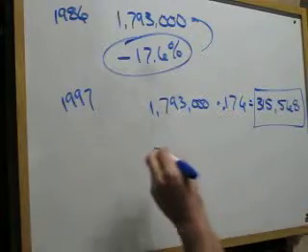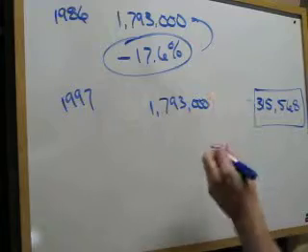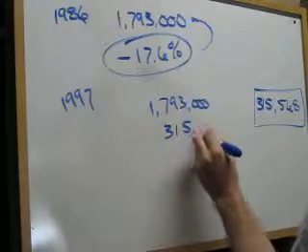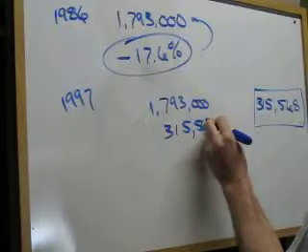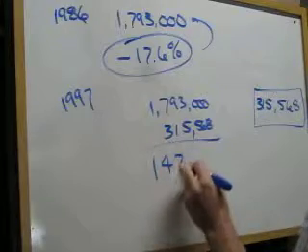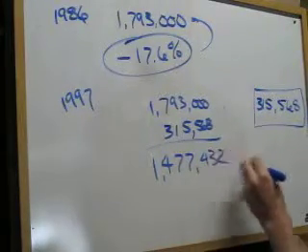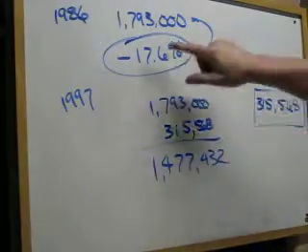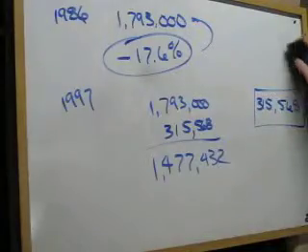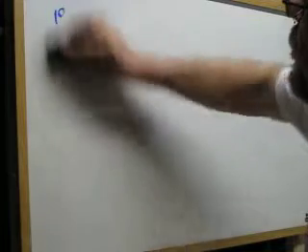So now what I have to do is take my total number of people that were arrested in 1986 and subtract 17.6% of those, and that will tell me how many people were arrested in 1997. So remember to do that. Find the percentage and then take that percentage off of the total in order to give you the current total, or the total that you're looking for in the problem.